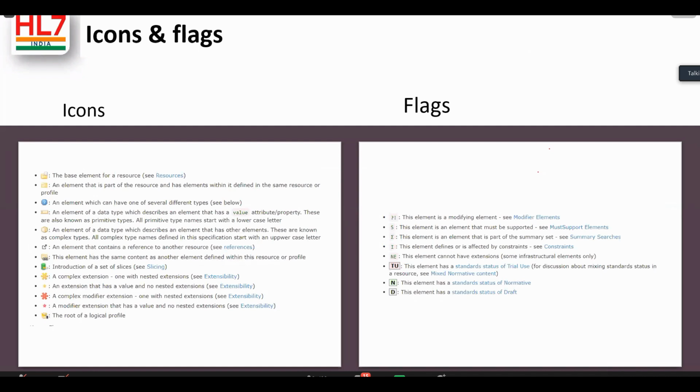Go back and look at those icons and see whether you can make sense of them. So those icons are important when you are reading a spec. I have listed them here, but you can just go and look at them again. Okay, and we already covered the flags. We covered some of the flags, like the summary flag and the modifier flag, but there are other flags also that you can look at.